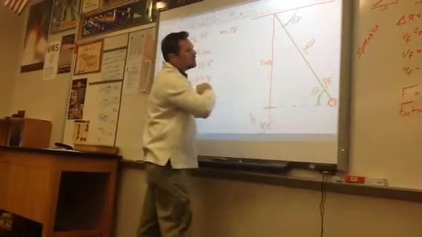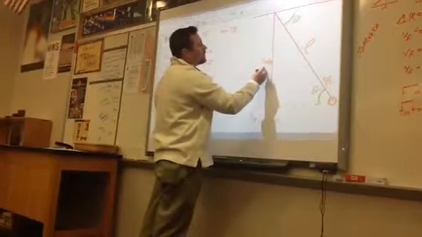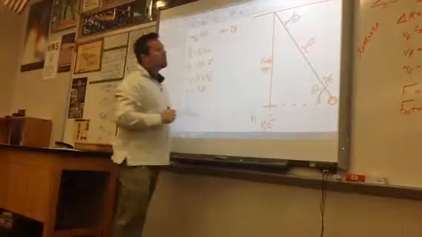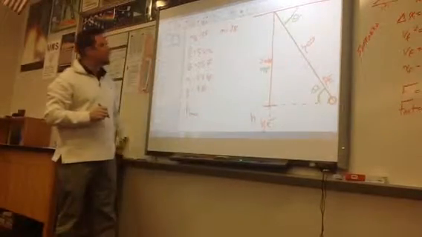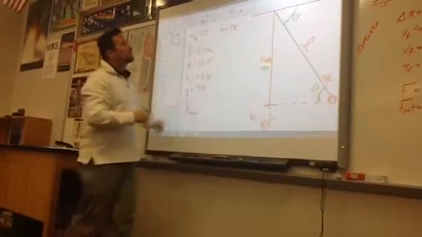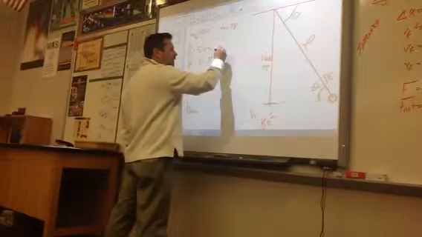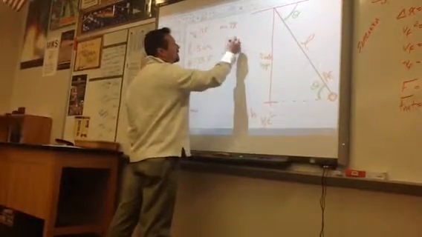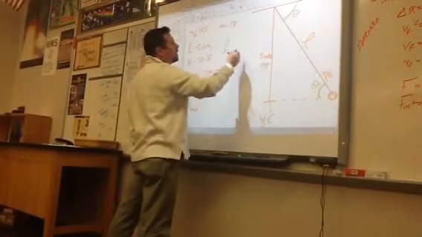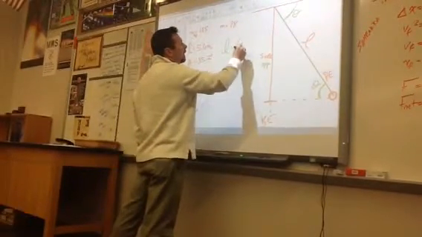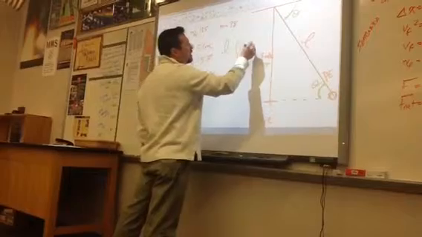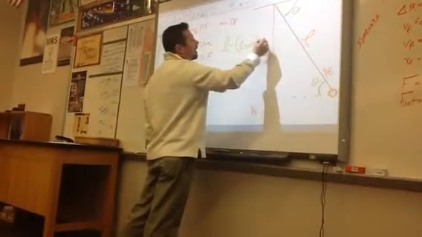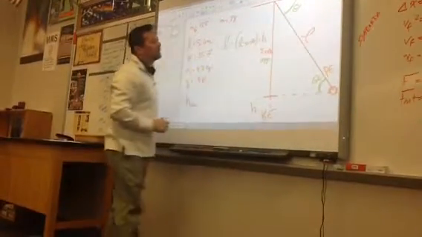So what side is this? Opposite of the angle. What do I use with an opposite side and an angle? Sine. So if I take the length of the vine minus that side, which is equal to the length times sine of the angle, that's going to give me my height.